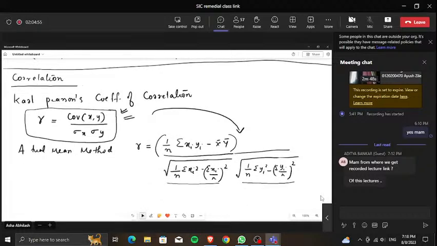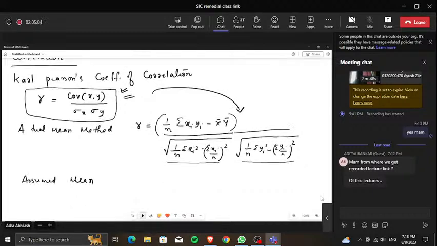So this is the actual mean method formula, and for the assumed mean, again it is the same type, only the variables are changed. Here, instead of dA and dB, suppose A and B are the assumed means of x and y respectively.